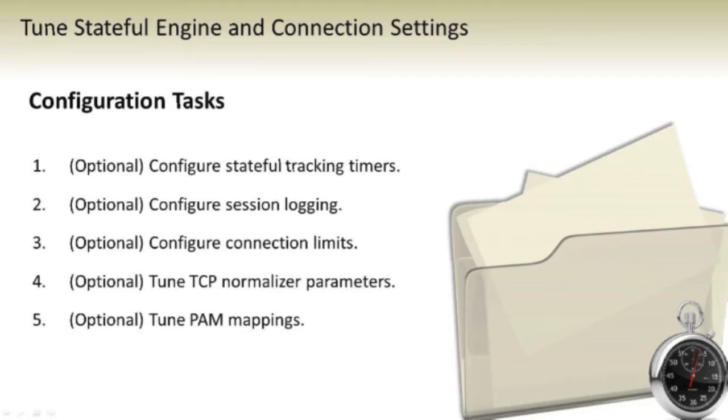You're going to configure session logging potentially. This is called auditing. You're going to tweak the connection limits. You're going to tune TCP normalization parameters, as we talked about. And you can even tune the port to application mappings for specific applications.